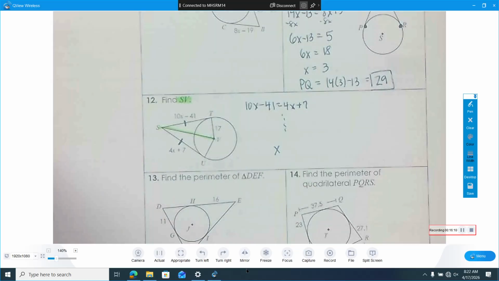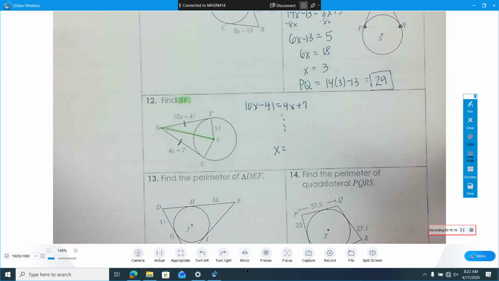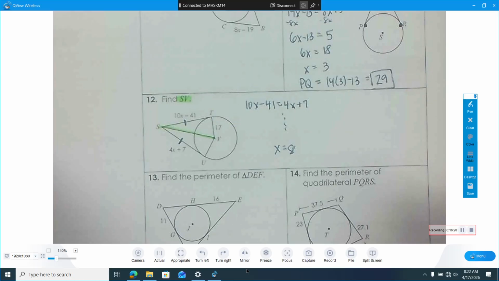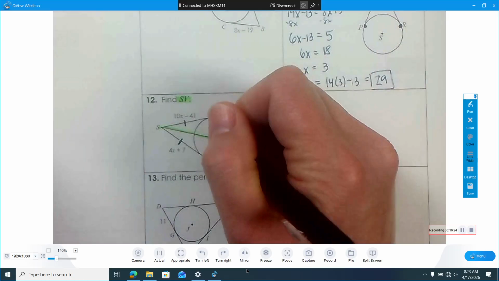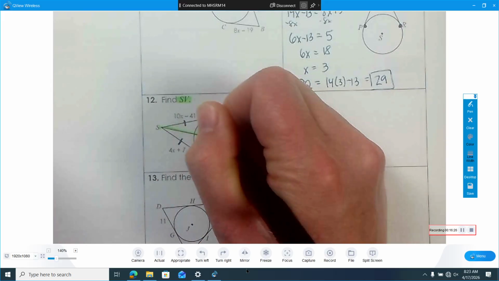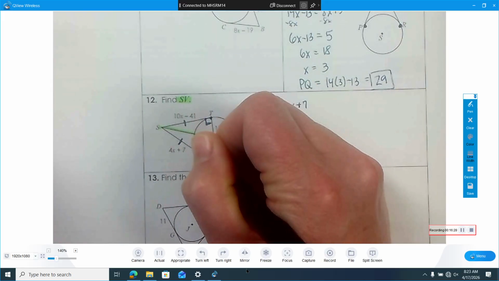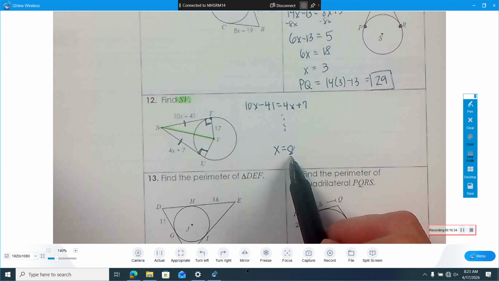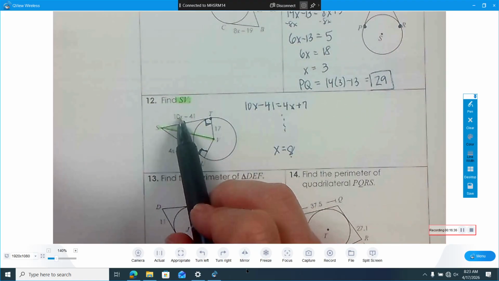SV is this line in the middle. So we can find x. x turns out to be 8. What do you do from there? Yeah, very good. Since we have tangent lines, we know that we have right angles here. And then, what do I do with the value of x? Plug it back in.